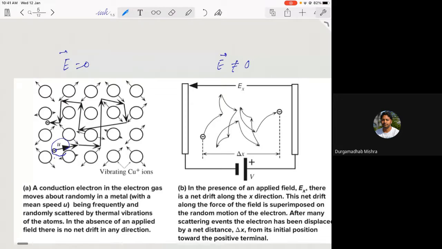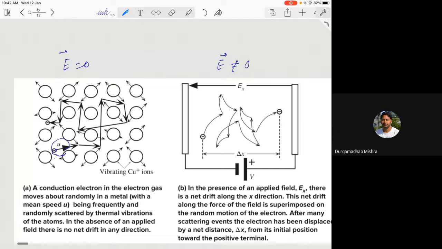However, in the right hand picture, if I am applying an electric field E, the collisions will still be going on, so you will have instantaneous velocities. However, over a time period delta t, you will observe a net displacement, and Vd is not equal to zero.